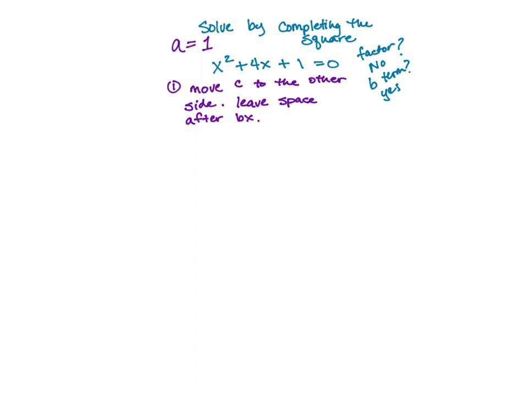Leave space after your bx term. What's c, by the way? 1, it's the constant caboose. If I move that to the other side, it's positive 1, so I'm going to subtract it. I'm going to rewrite my equation as x squared plus 4x, leave a big blank space here, equals negative 1. Can y'all see that?